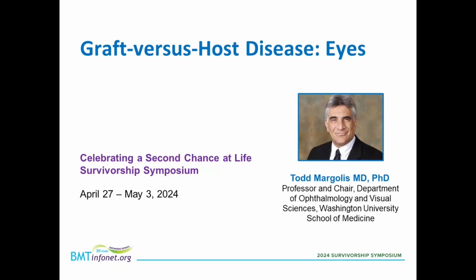To support care of patients with severe ocular inflammatory disease, he helped create a combined rheumatology ocular inflammatory disease clinic and an ocular GVHD clinic at Washington University School of Medicine. Please join me in welcoming Dr. Margolis.